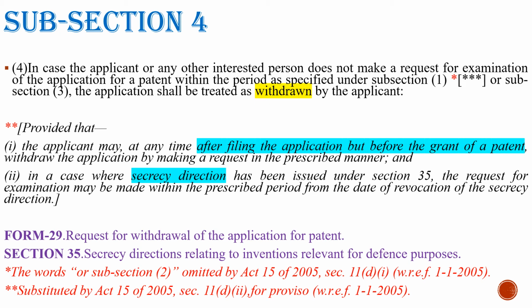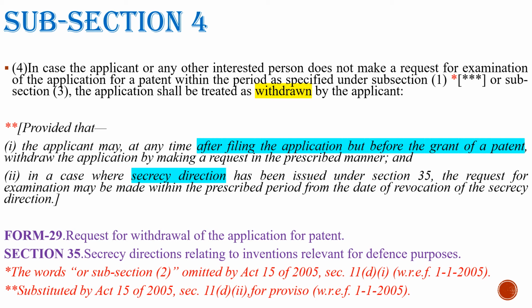And the second criteria is, in a case where secrecy direction has been issued under section 35, the request for examination may be made within the prescribed period from the date of revocation of the secrecy direction. Okay, this is a special situation we can say.